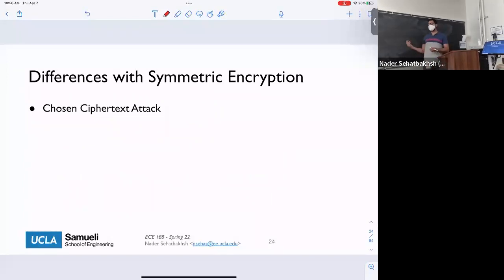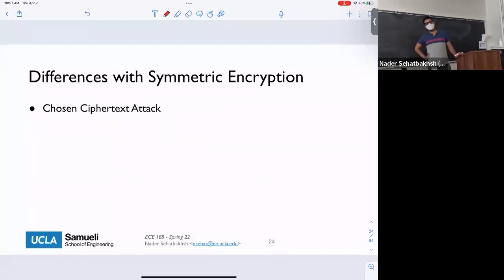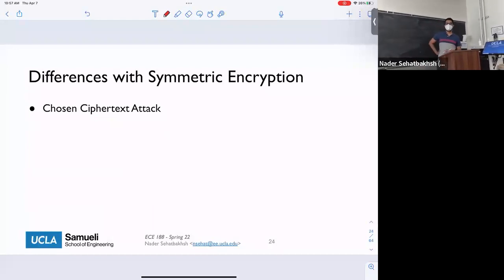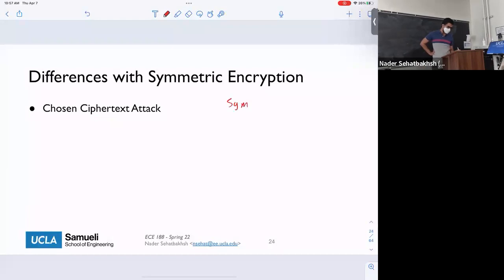So now that I described the difference between symmetric and asymmetric, there is an additional attack that can happen in asymmetric mechanisms, and that's what's called a Trojan ciphertext attack. Remember, we said that on symmetric mechanisms, what we need to have is CPA security, which was about Trojan plaintext attacks.